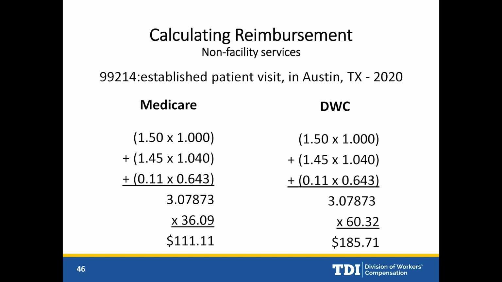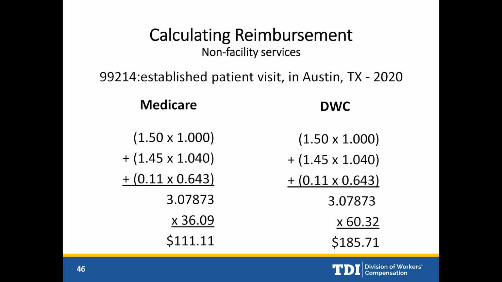So, comparing Medicare reimbursement to reimbursement in the Texas Workers' Compensation System, the example we're looking at is the 99214, which is an established patient office visit, and it's provided in Austin, Texas. And these are 2020 numbers.